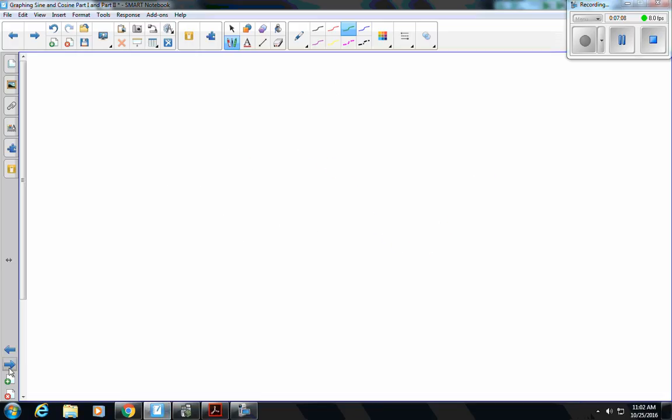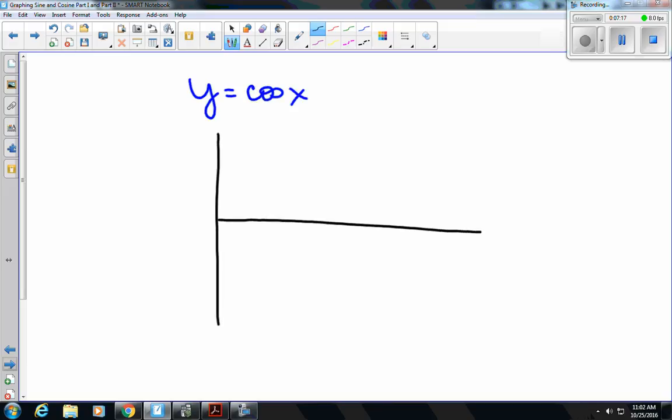We do cosine in blue. All right. Looks the same, doesn't it? The grid. So I still have y equals 0 as a midline. And then I'm still going to go up as high as 1 and down as low as negative 1.